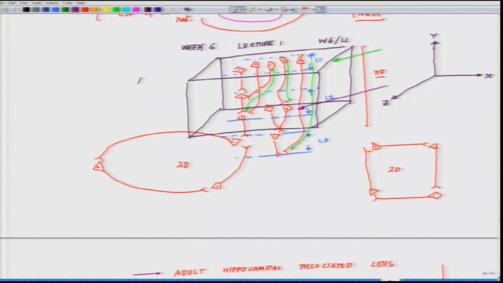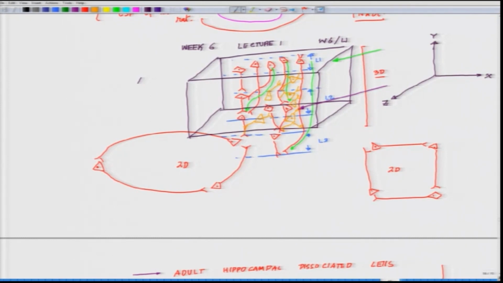Within this network, you will have oligos which are sitting like this, which will be myelinating this. Now, try to understand the complexity here, and then we will talk about how we are going to separate out these cells. These are the oligos. These oligos are involved in the myelination process.